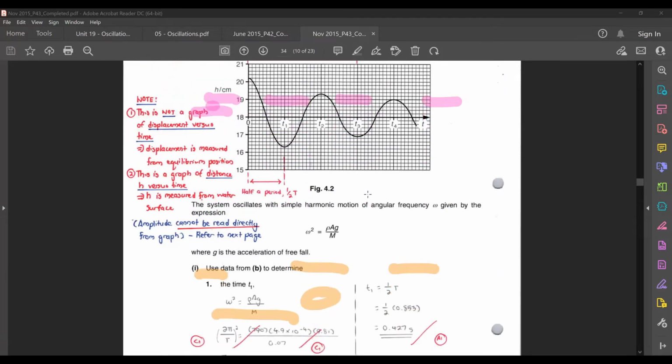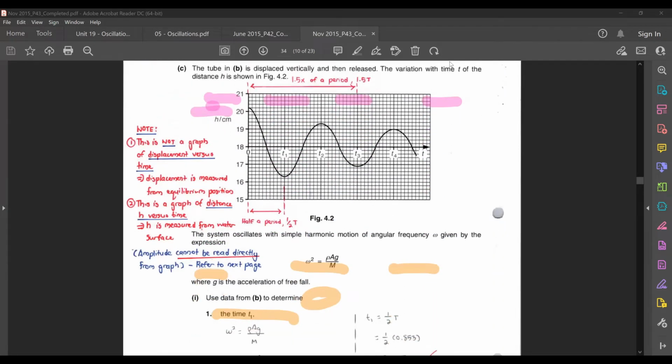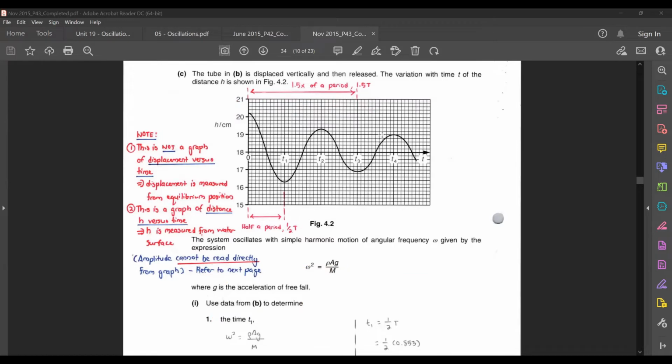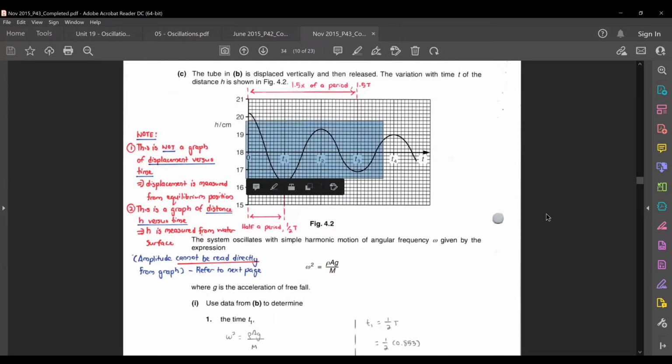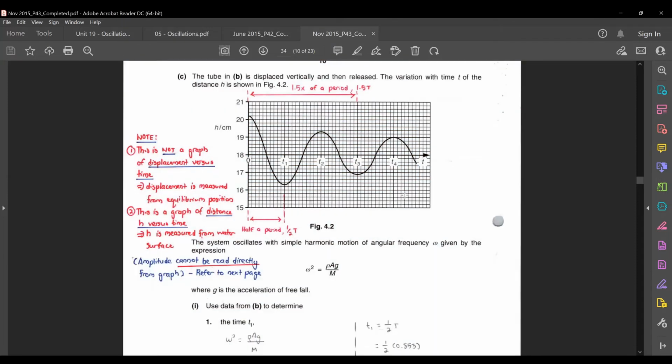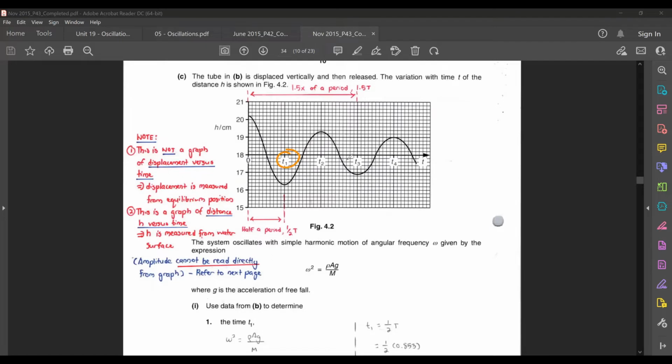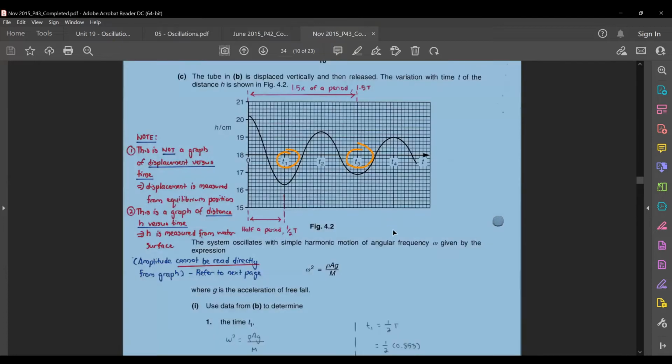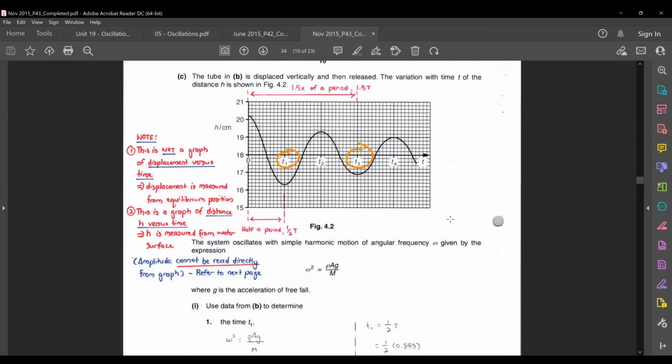Now, in your case, when you look at this graph, this one is showing the oscillation of your tube once it's been displaced from rest. They want you to find out in the first place what was T1 and what is T3. So there's some relation you can see from here.